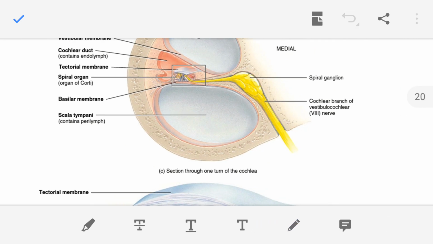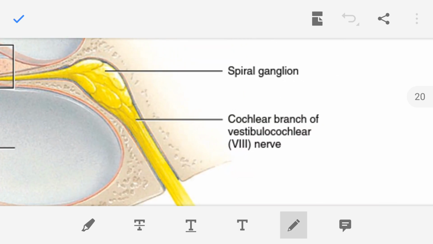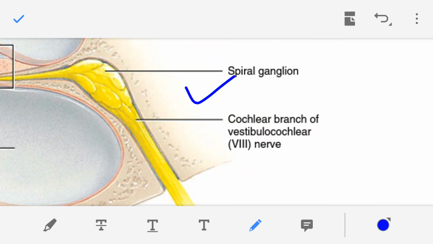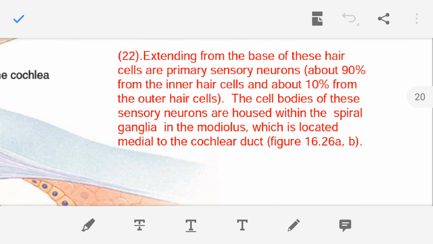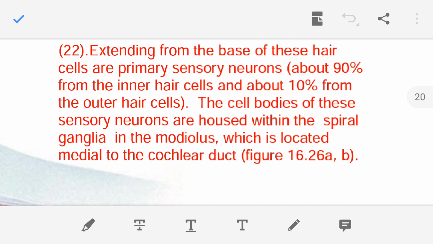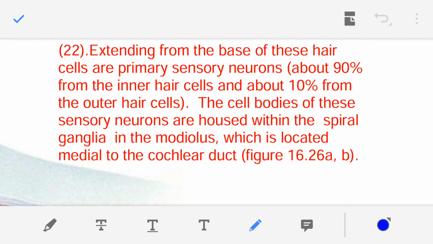So the somas are housed within the spiral ganglion. Now after the spiral ganglion, what is happening? One nerve is going to form, but before that, see, modiolus, which is located medial to the cochlear duct, that we know.